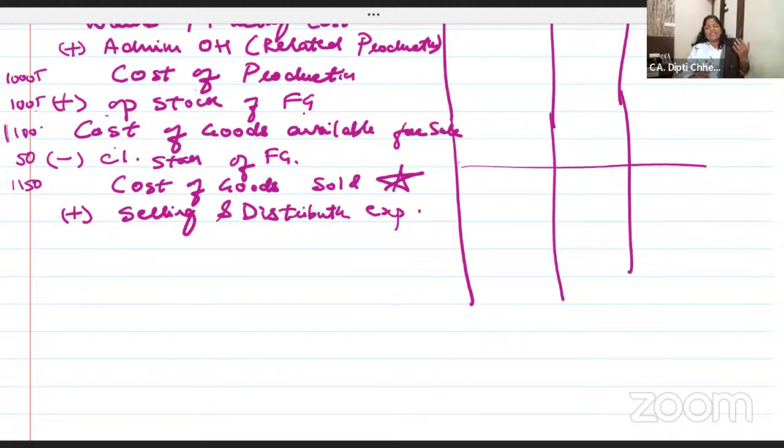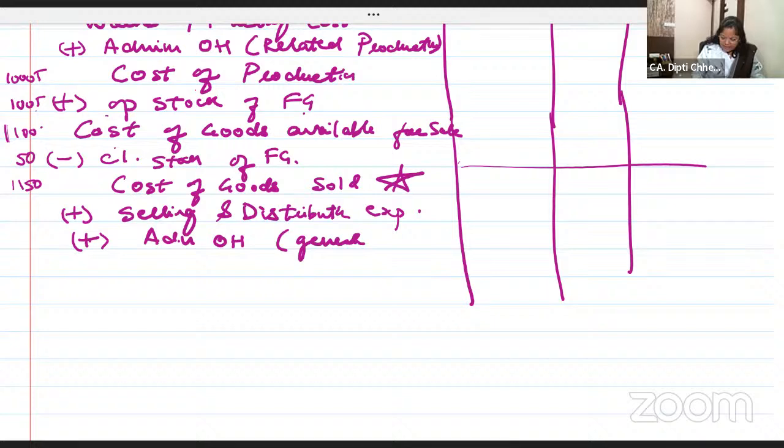Selling expenses related to sales, advertisement, bad debts, secondary packing; primary packing will come above. Okay, right. Sometimes we will add administrative overhead if it is given as general. If it is related to production, let it stay above. Otherwise here. Now what you are getting is cost of sales.